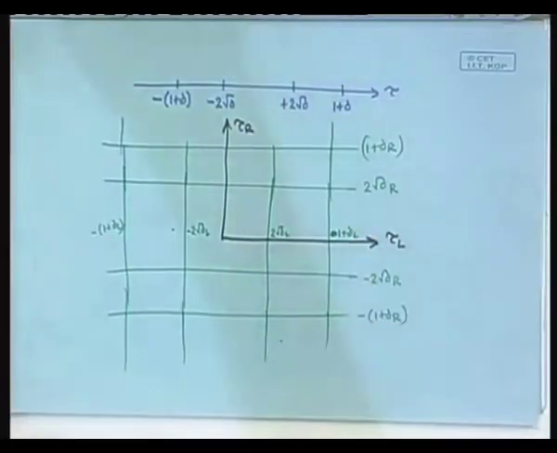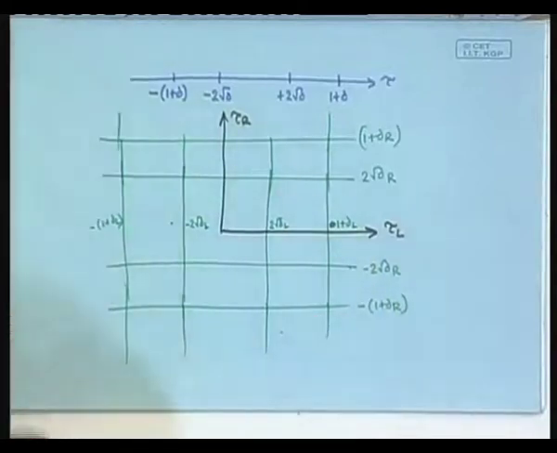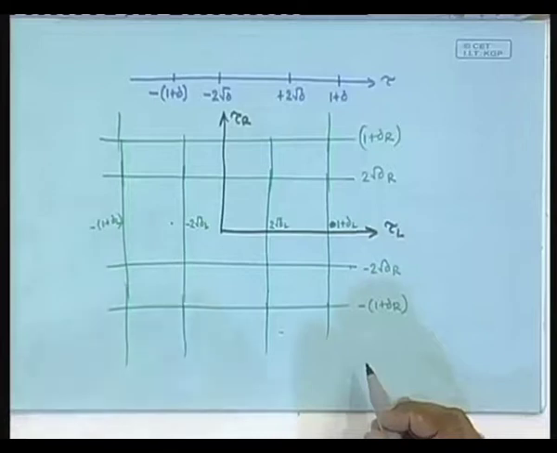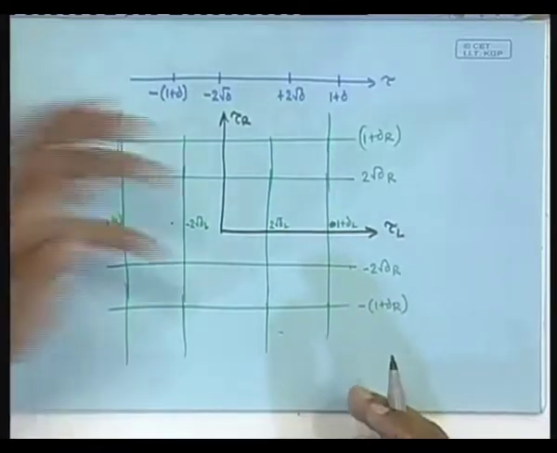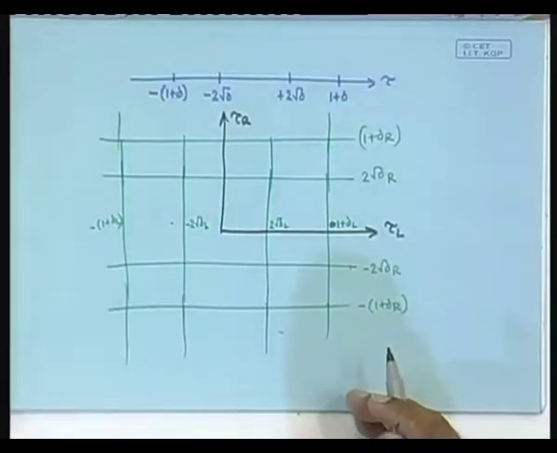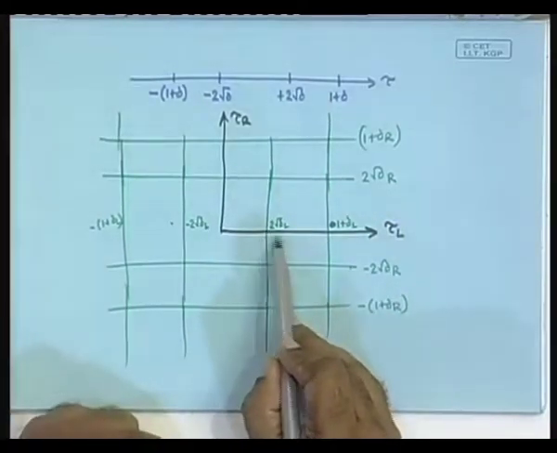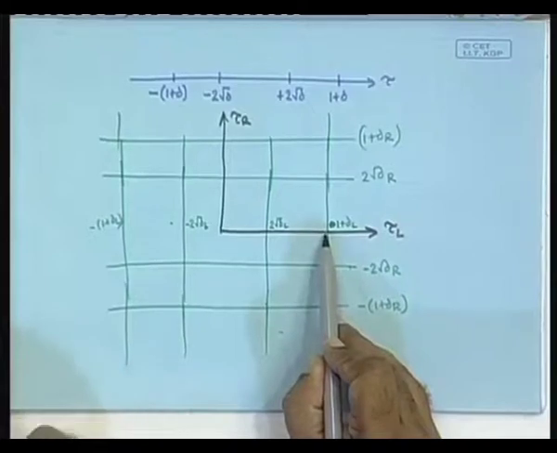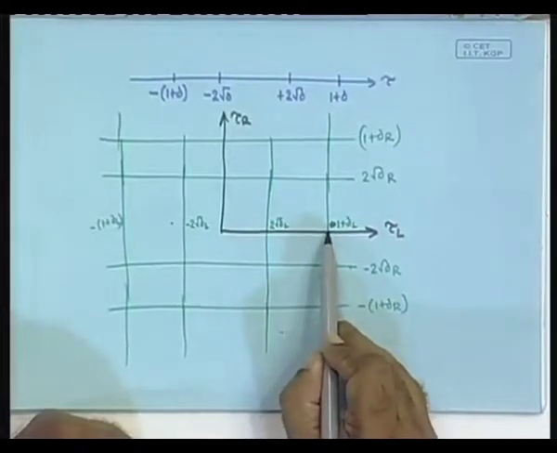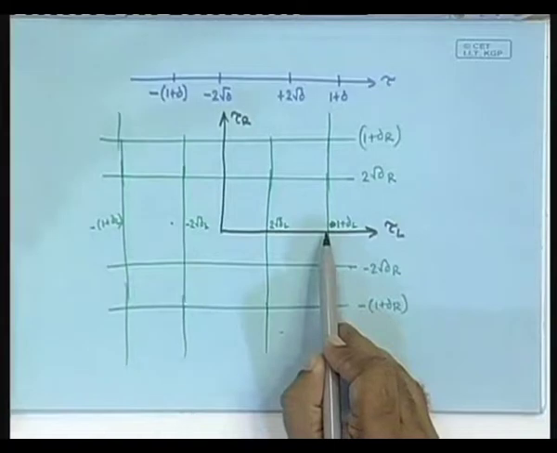For example, if I place my point here, what does it mean? It means that while it is in the left hand side, its eigenvalue satisfied the condition that the trace is between 2 root delta to 1 plus delta. If it is in 2 root delta to 1 plus delta, what is its type? It is a regular attractor.